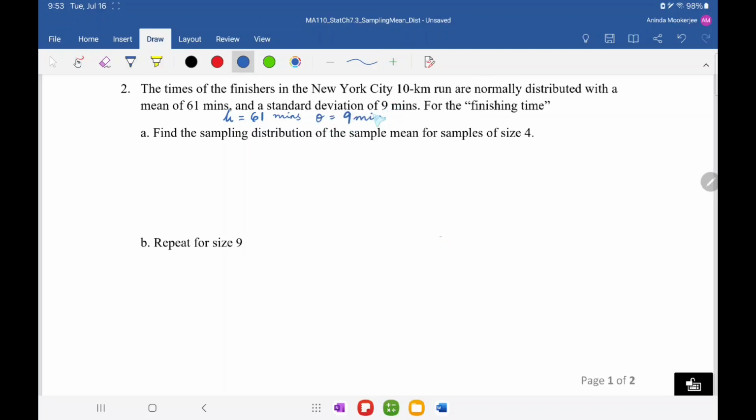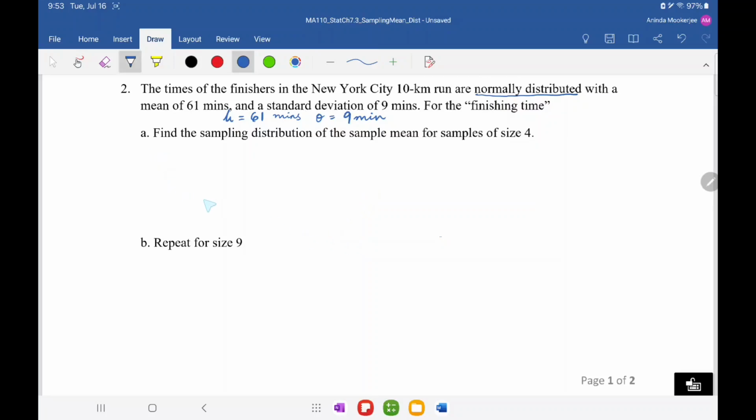That's the population standard deviation that's being given to us, right? And the question already tells us that the variable is normally distributed. So that means we can state that the distribution of all the sample means of size 4 is also going to be normally distributed.